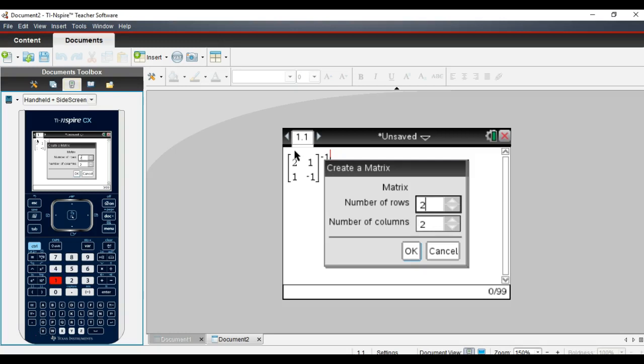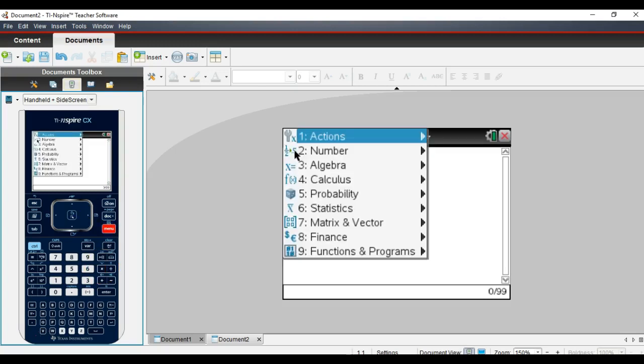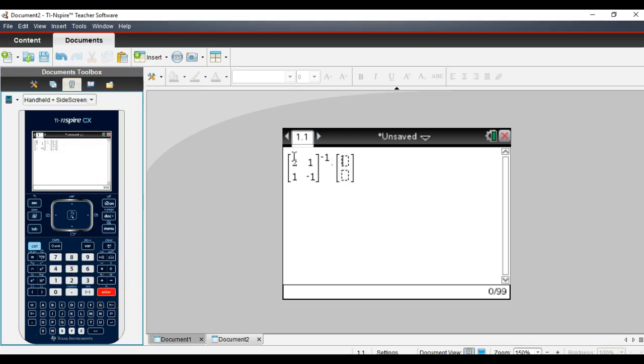What's this matrix? It's a 2 by 1 matrix, which was 7 and 1.